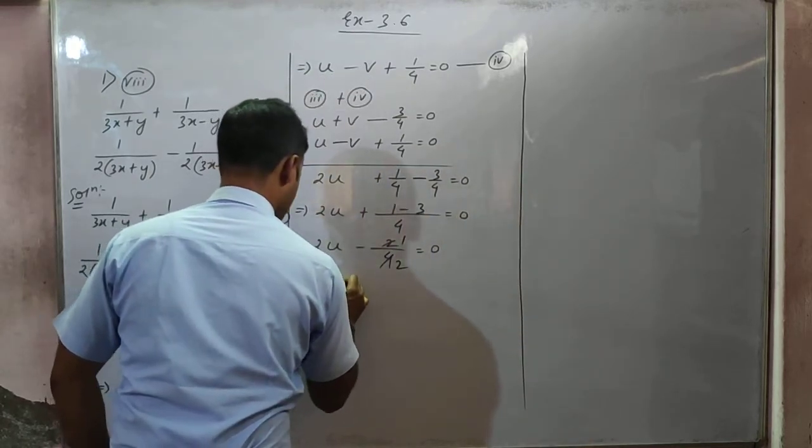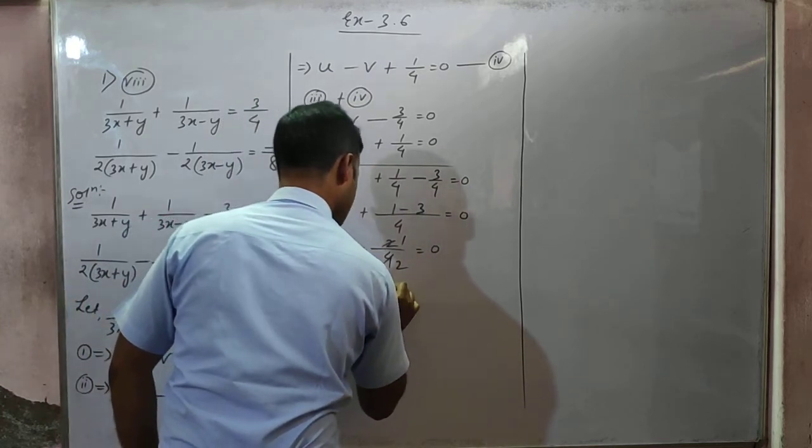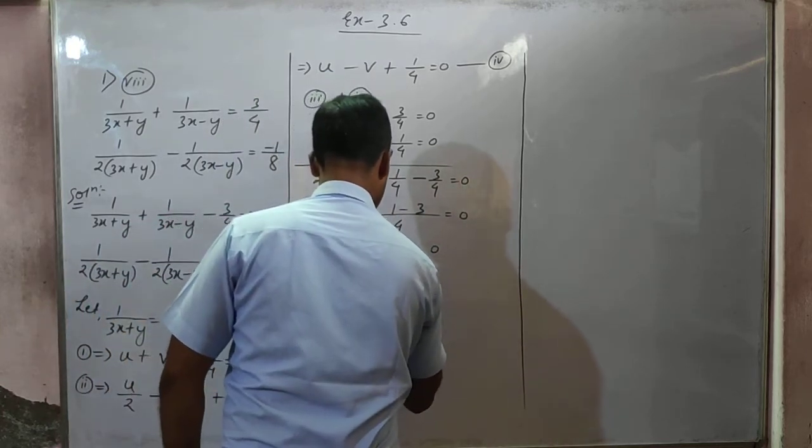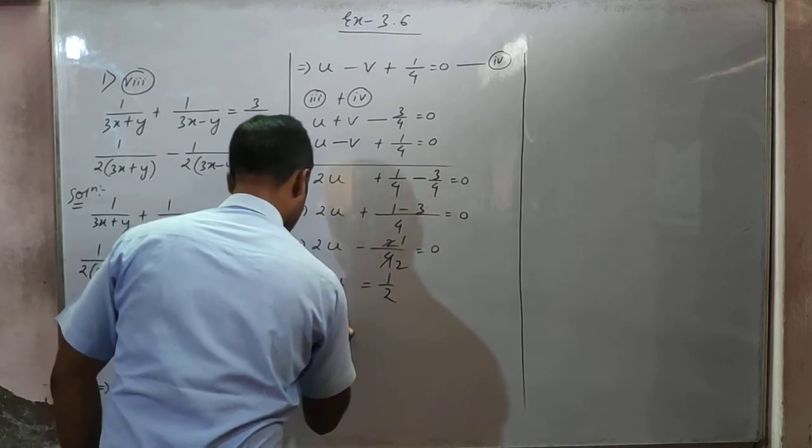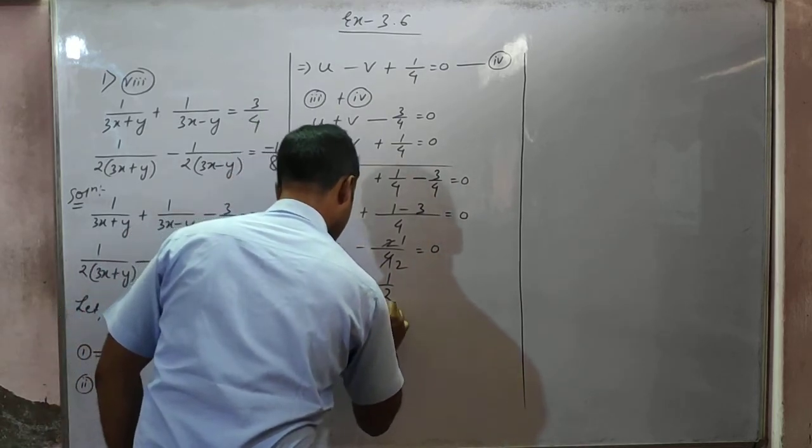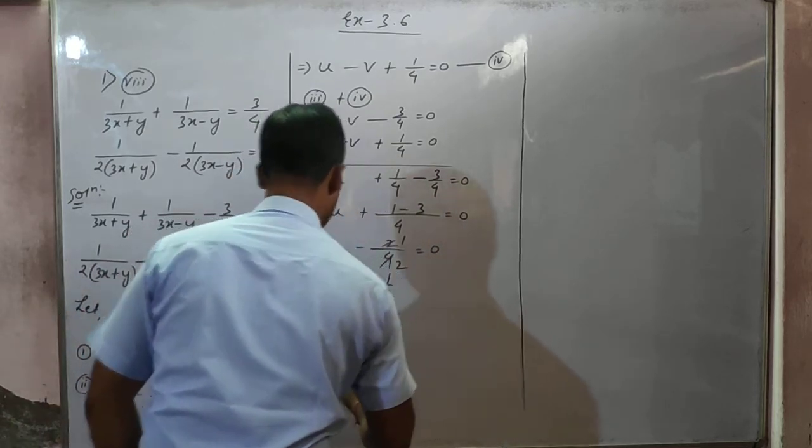So 2u is equal to 1 by 2. So u is equal to 1 by 2 into 2, it will become 1 by 4.